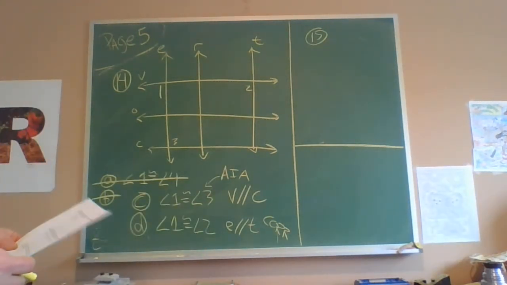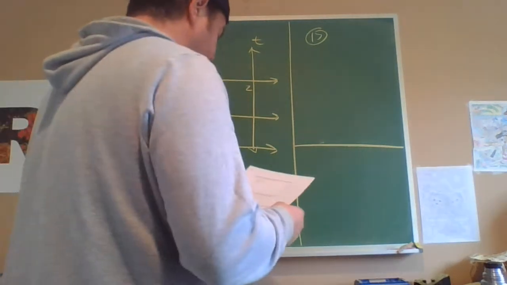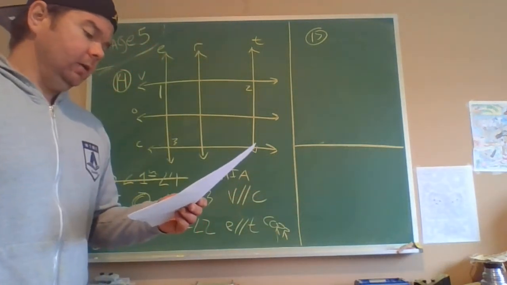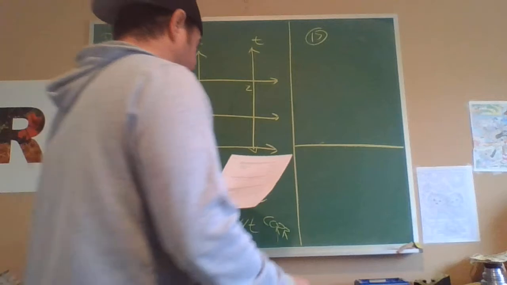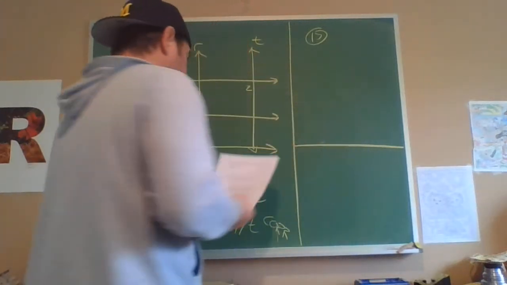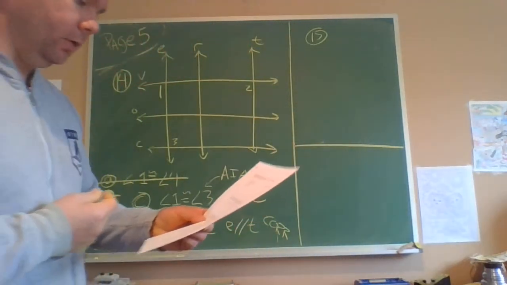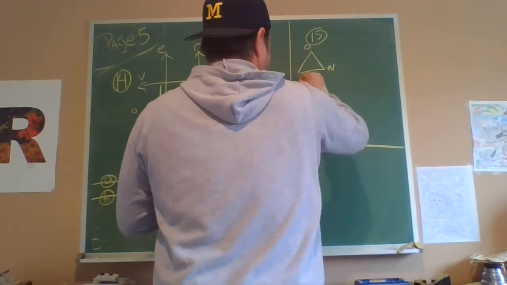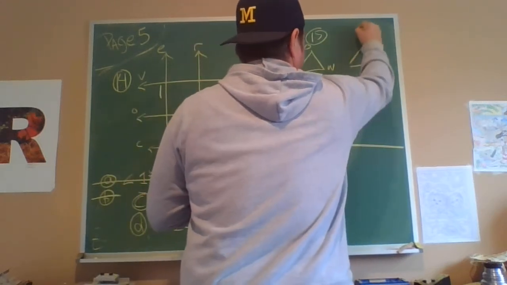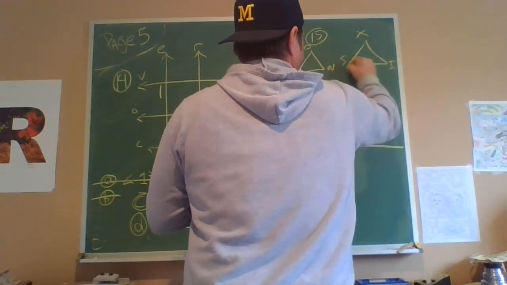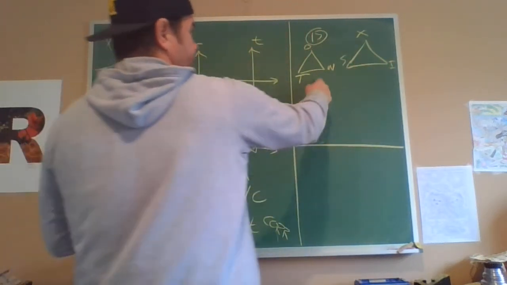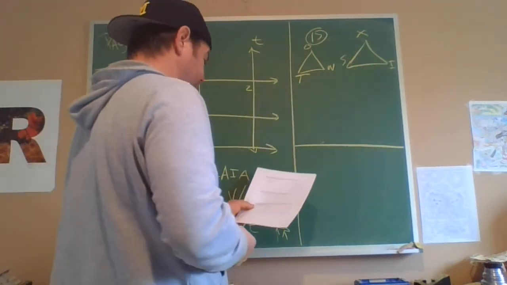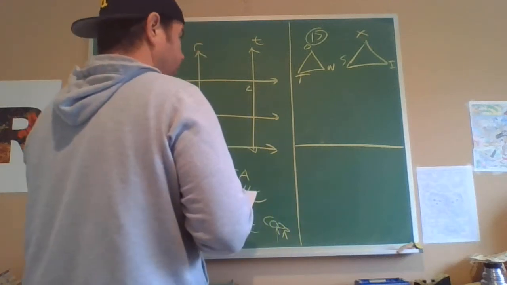Okay, question 15. Given that OWT is congruent to XIS, which of the following statements are true or false? And then make them true if they are false. So if OWT is a triangle, and XIS is a triangle, and this triangle is congruent to this one, then all the corresponding pieces are congruent.